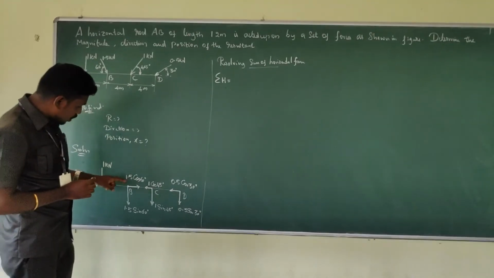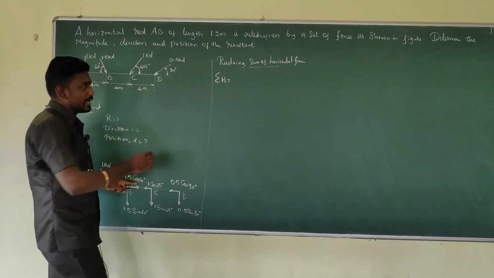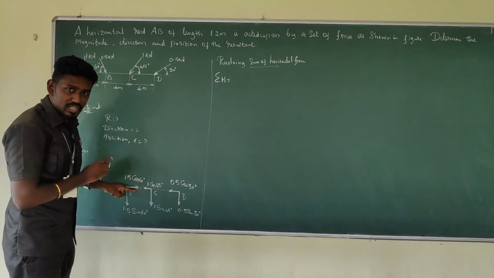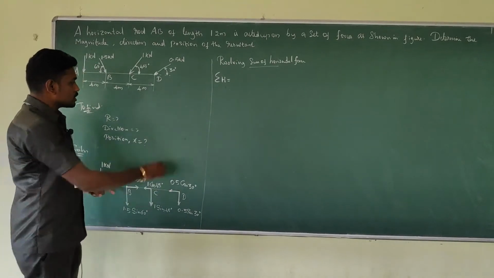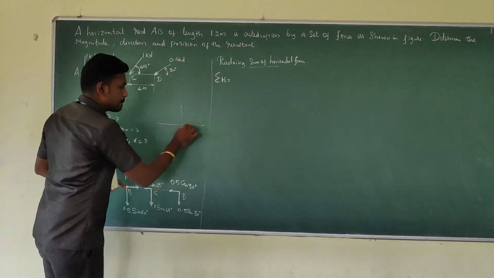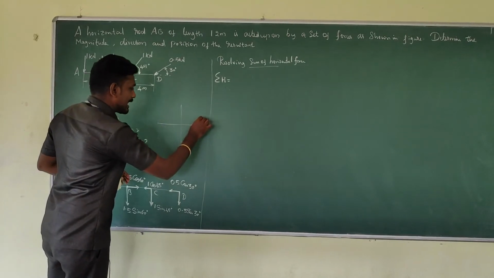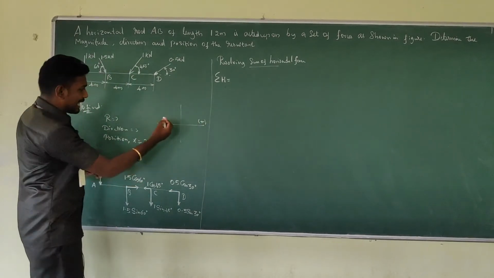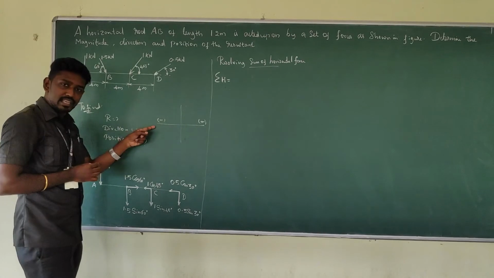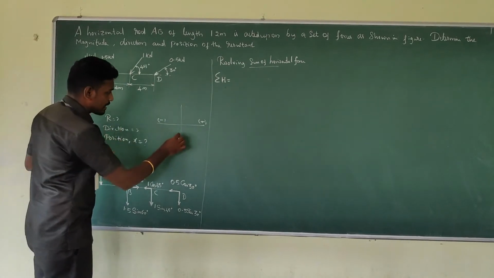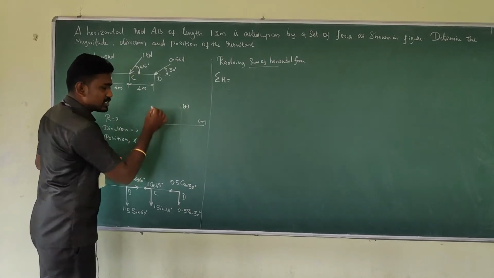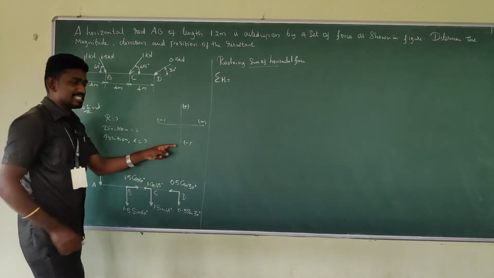Regarding sign, when you are resolving horizontally, right is a positive sign and horizontally left is a negative sign. When you come to the vertical components, vertically upward is positive and vertically downward is negative.